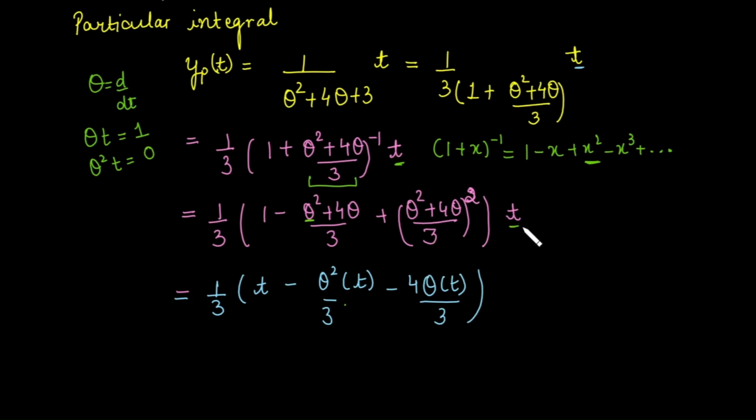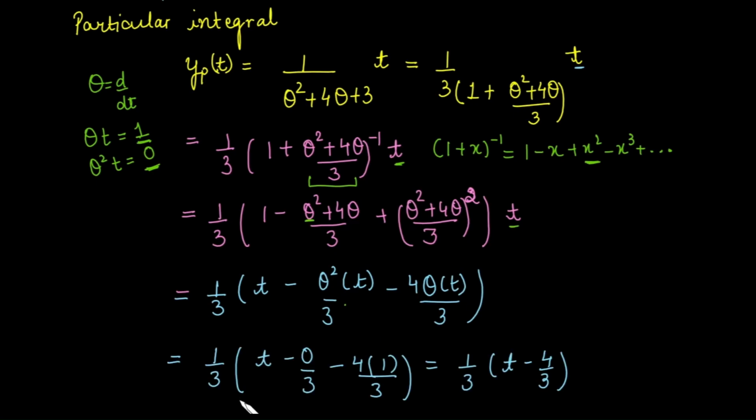Then the next term automatically gives 0, so we have not written it in this case. After that, simplify this. Theta square t is 0. Theta t is 1. When you substitute these values, we have this form. Simplify this, we have this polynomial.